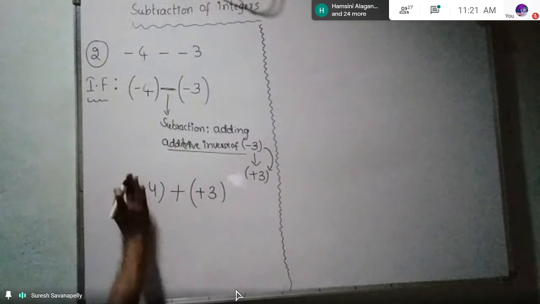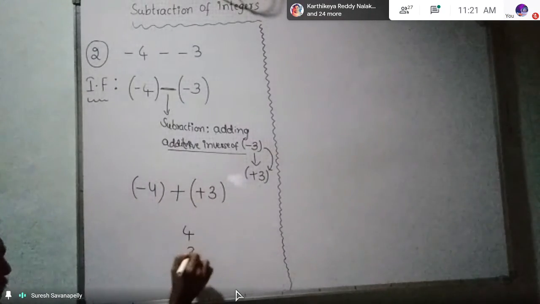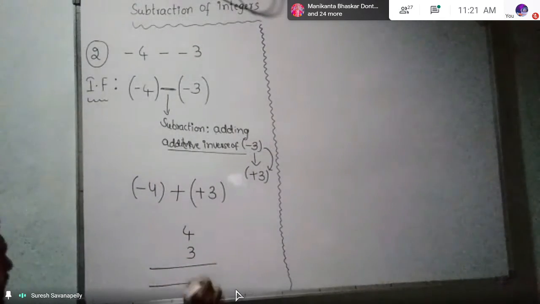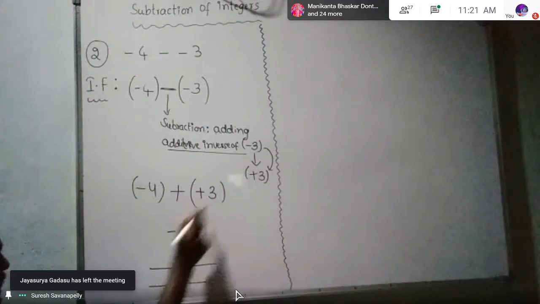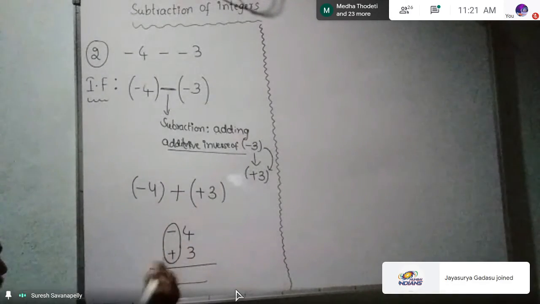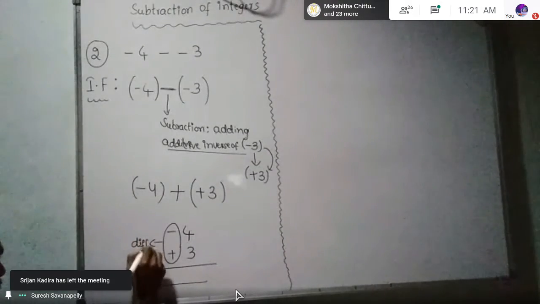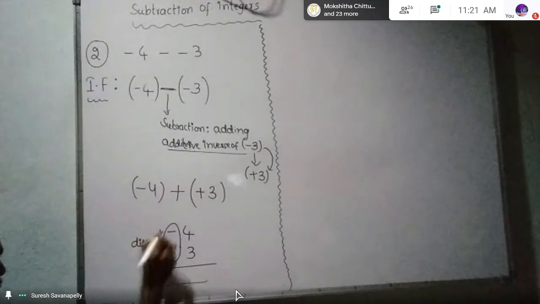Write the bigger. Close the signs. If you close the sign, 4 is the bigger number, 3 is the smaller number. The sign of 4 is minus, the sign of 3 is plus. One number is minus, one number is plus. The signs are different. If the signs are different, then what should we do?